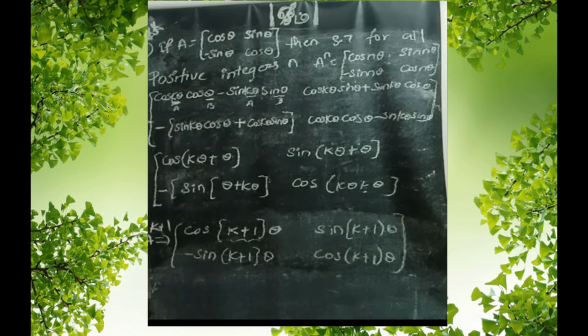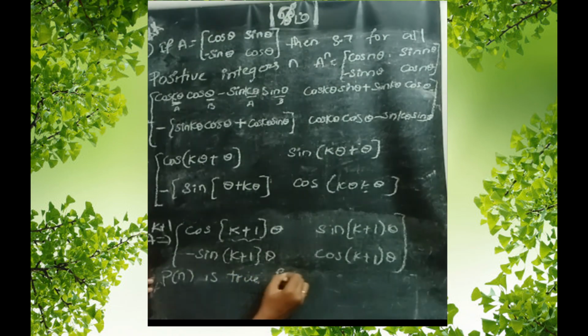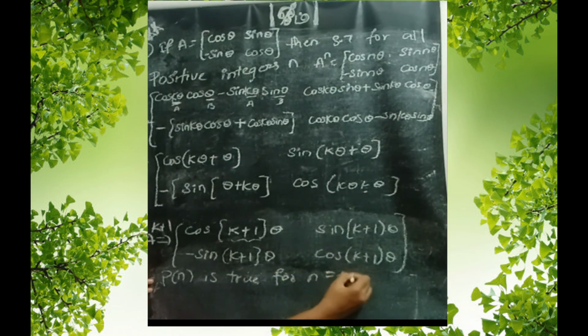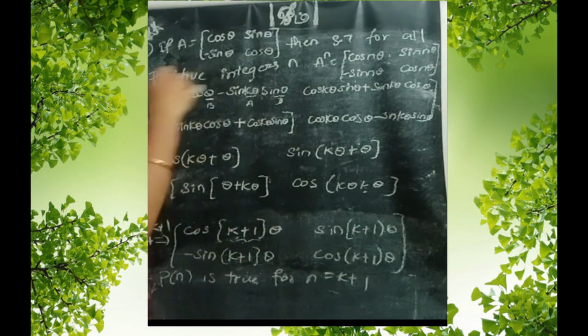A power k plus 1. So here P of n is true for n equals k plus 1. We have proved here A power k plus 1 as cos of k plus 1 theta. Here k plus 1 is nothing but n, and n is nothing but all positive integers.